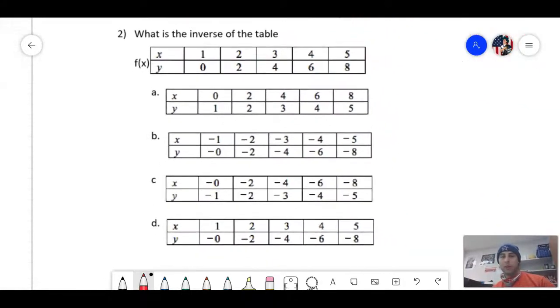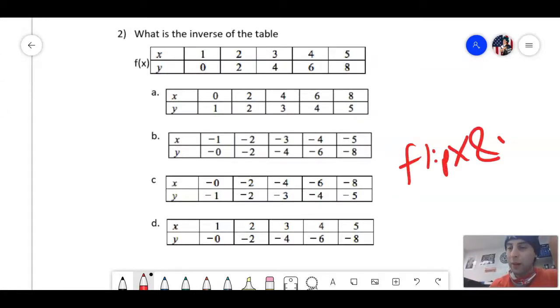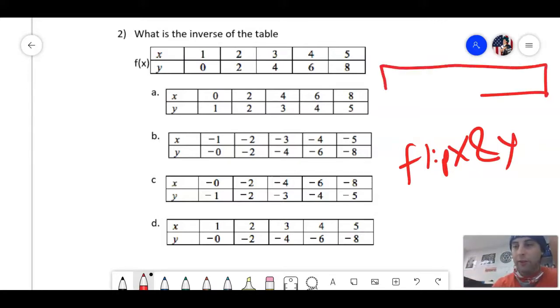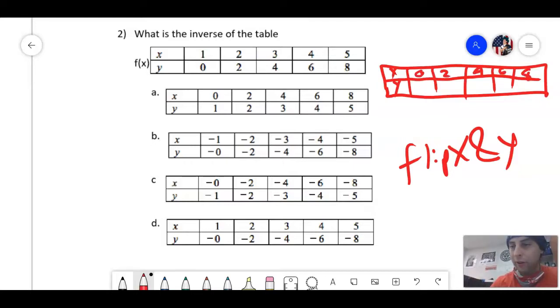All right. Number 2, what's the inverse of the table? Once again, what are we going to do? We're going to flip x and y. So if I'm going to rewrite this, the bottom is going to go on the top: 0, 2, 4, 6, 8.